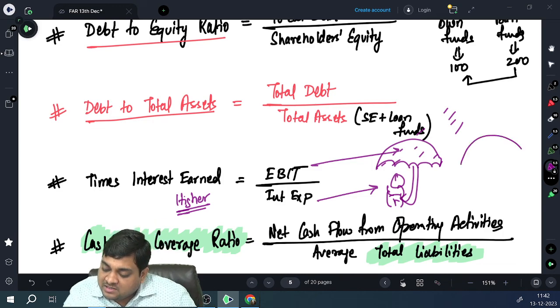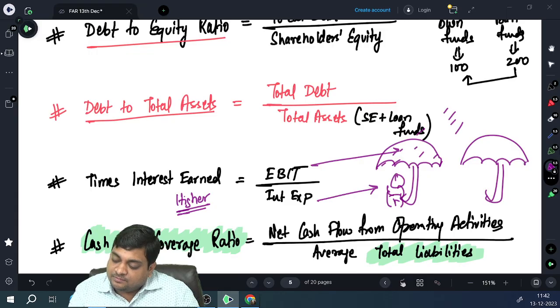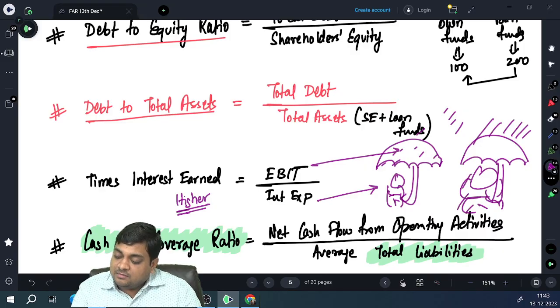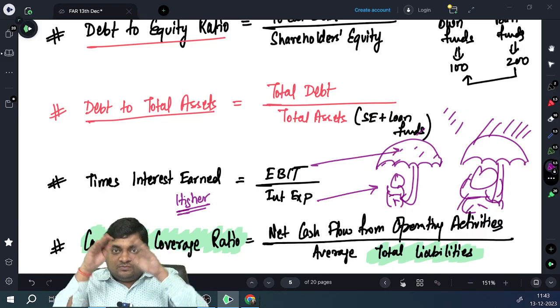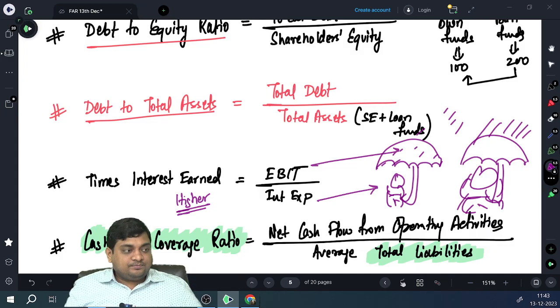Think about another person, but he is a bit fat. So he might get wet, right? Because his coverage is low. So this umbrella is like EBIT, and this different individual is like interest expense.